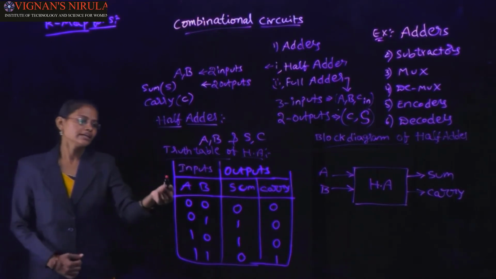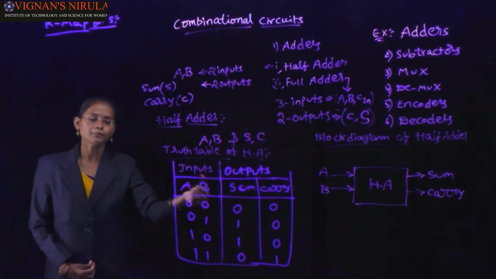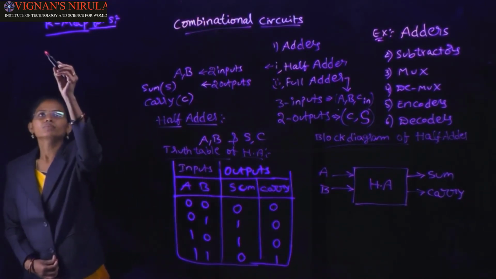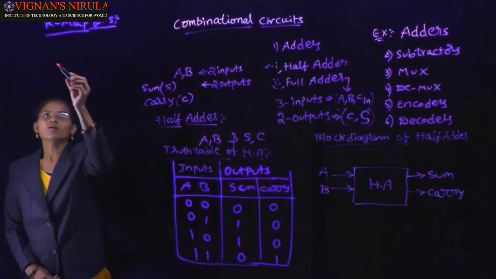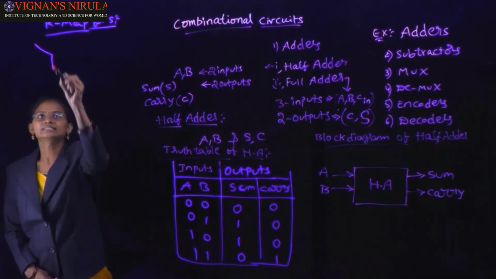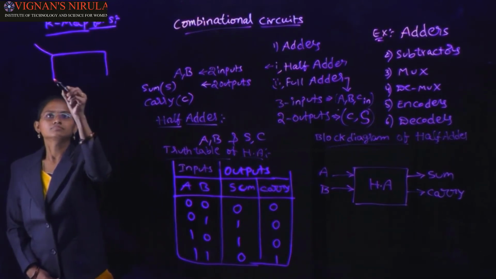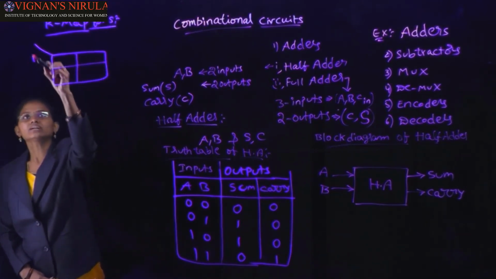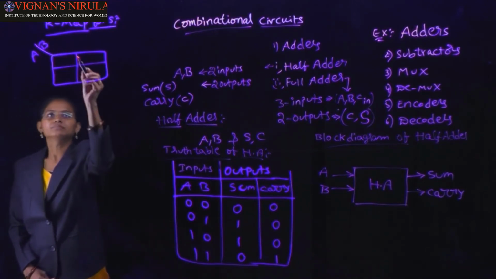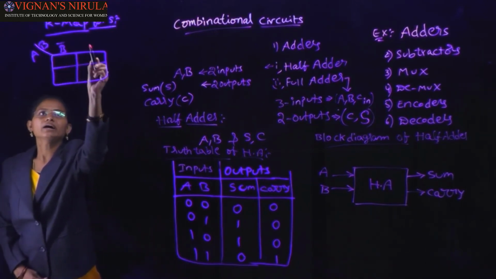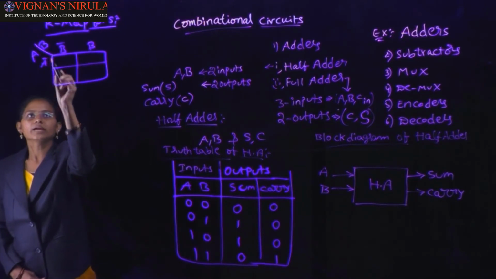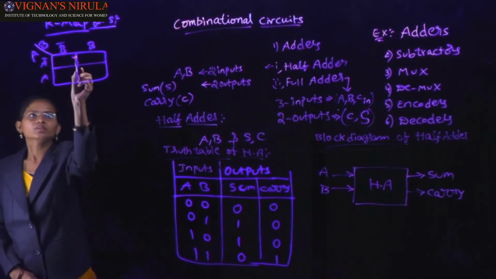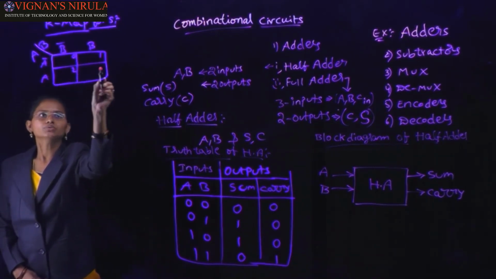Here we are using two input variables, so there are 4 cells. The inputs are A, B. This is B bar, B, A bar, A. The minterms are 1, 2.